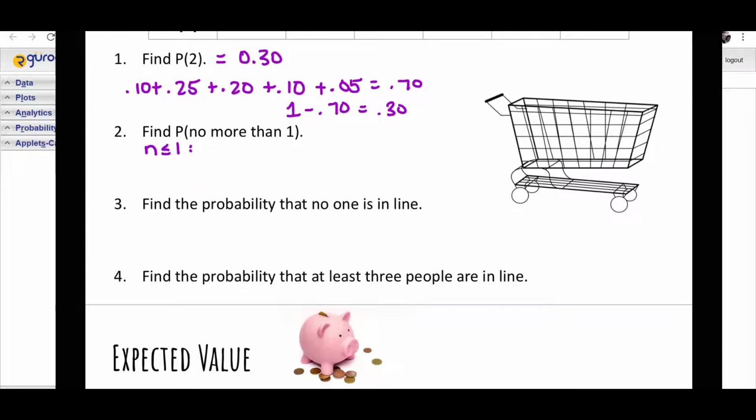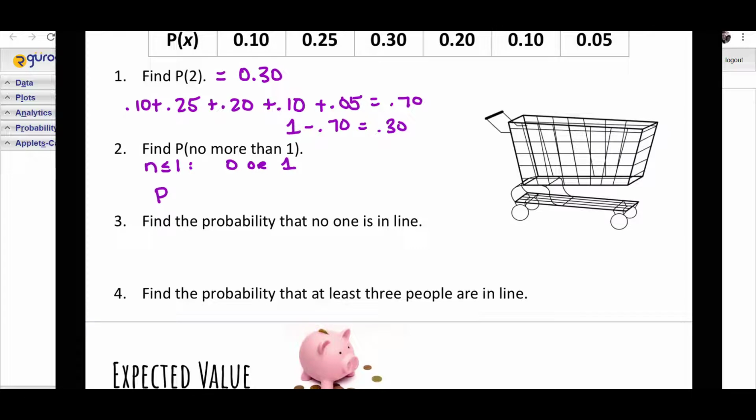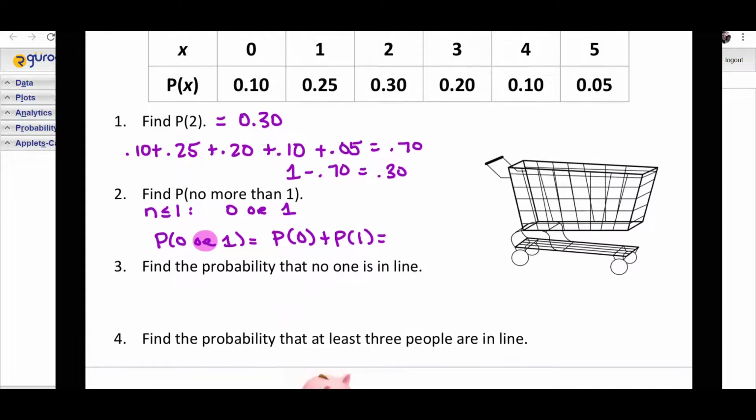That would be 0 or 1. What's the probability of 0 or 1? If you'll remember the keyword or, we add the probabilities. The probability of 0 is 0.10. The probability of 1 is 0.25, so we get 0.35. So why don't you pause the video and try the other two, and then we'll unpause the video and go over the solutions.